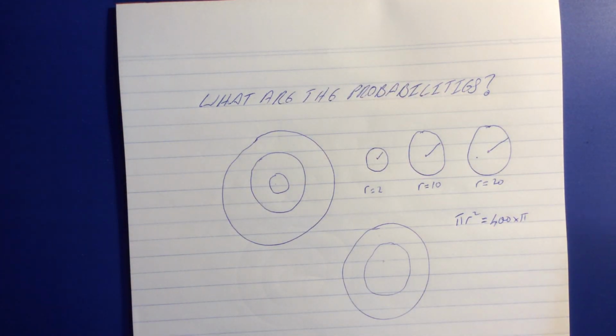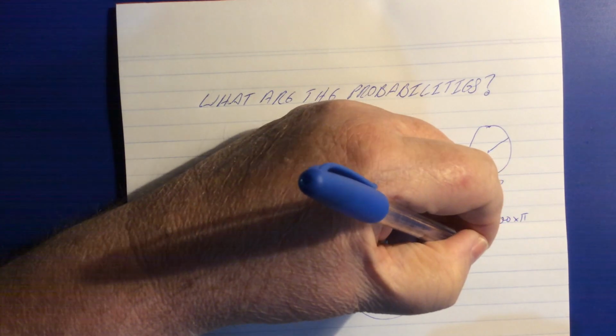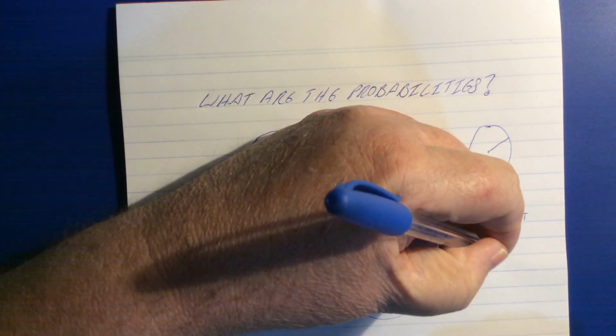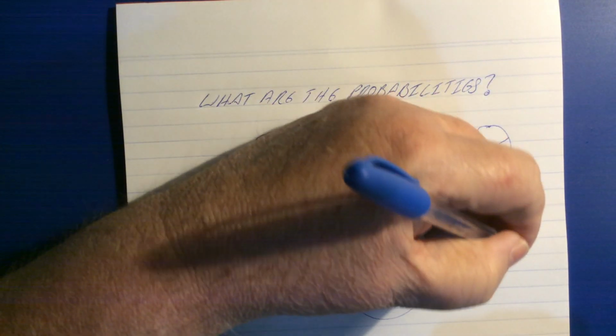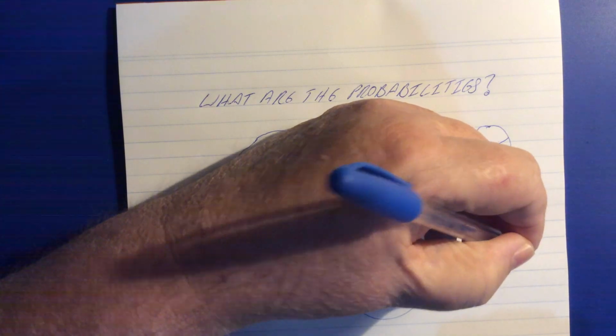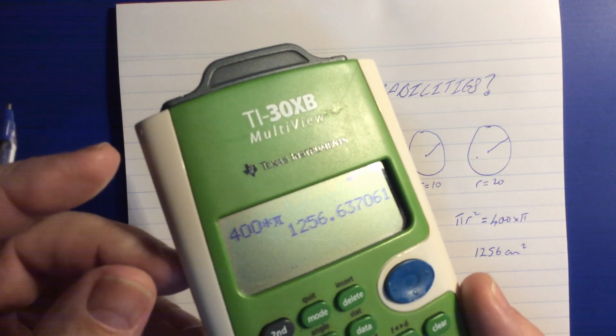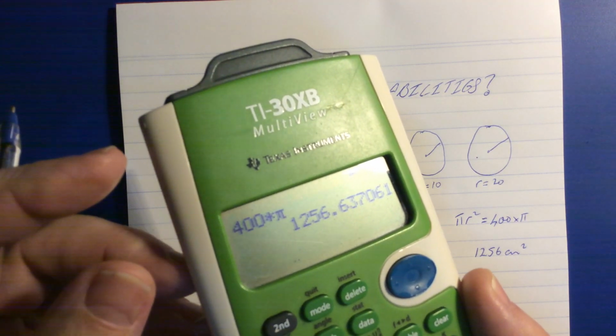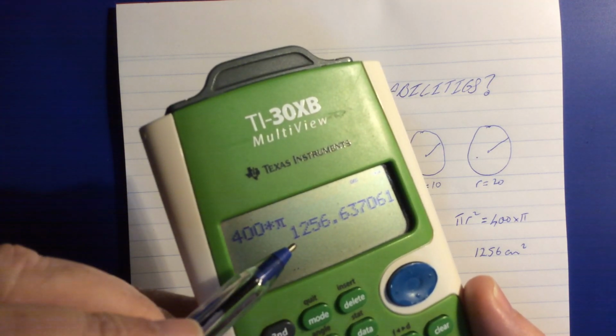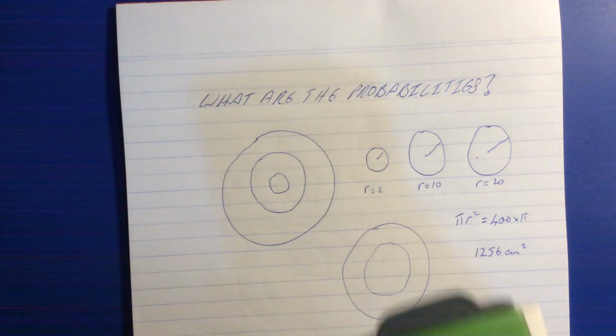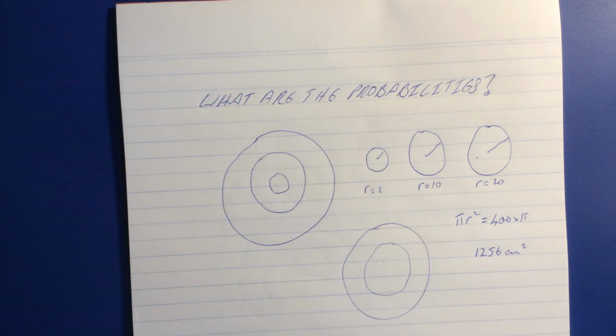So what do we get? 400 times pi gives us 1256, we assume these are centimeters squared. Okay, I'm rounding-ish. That should probably be 1257, but we're just doing this approximately and quickly.